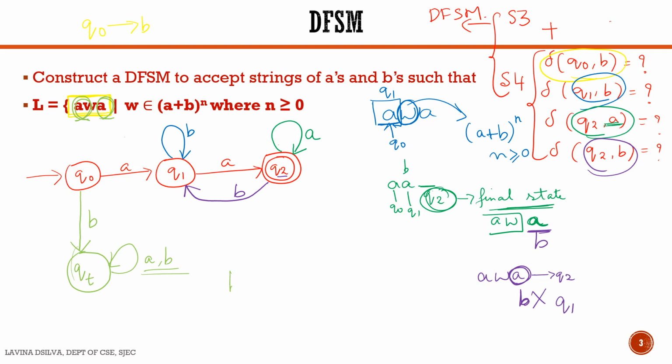In case we have a string like BAA and this string is given to this DFSM, then what happens? On receiving B, it directly goes to Q trap state. Then in the Q trap state, we can have any number of A's and B's. It just remains in Q trap state itself.